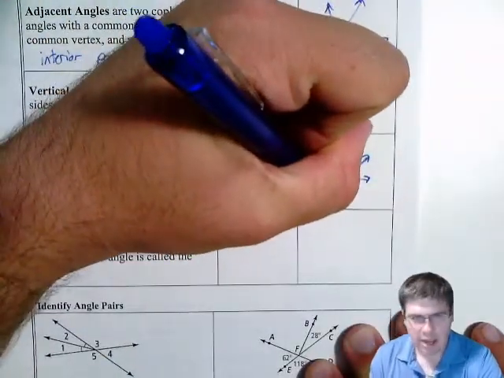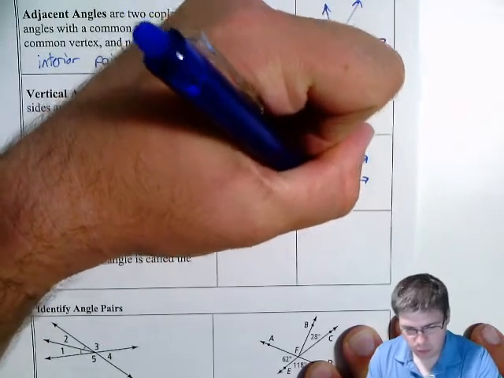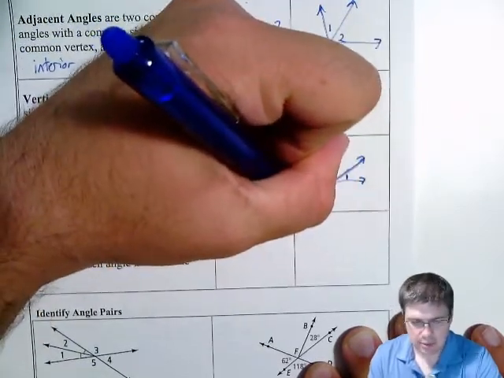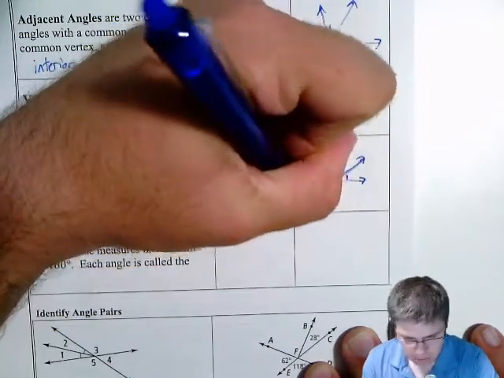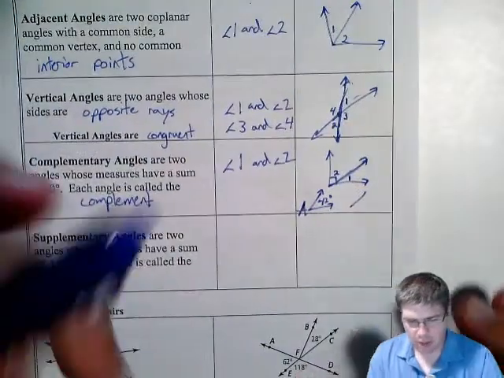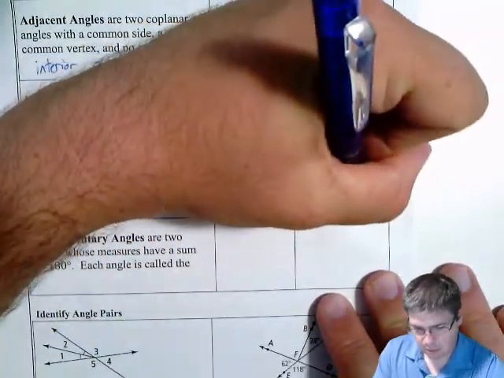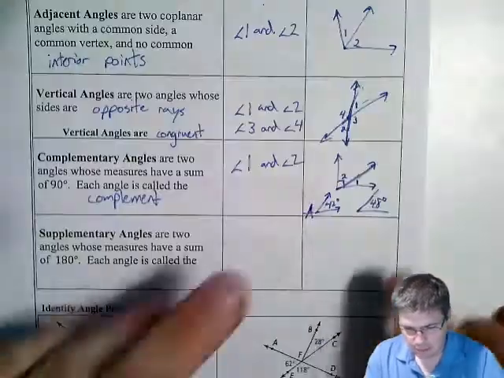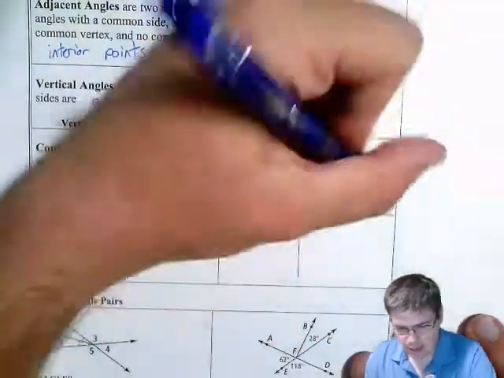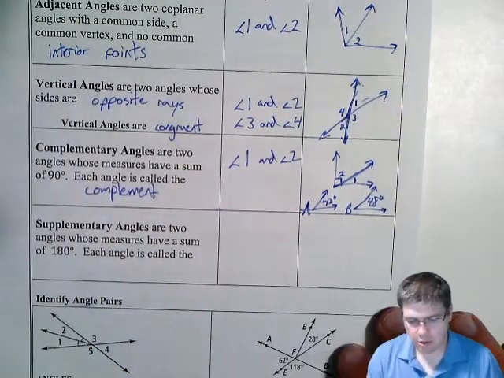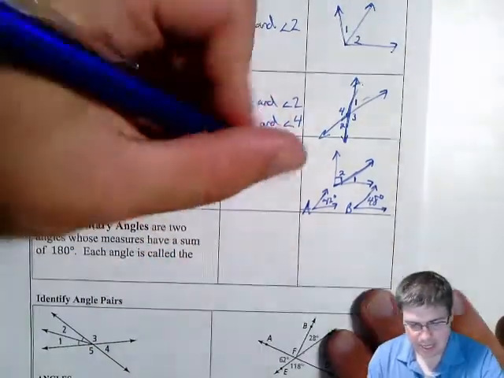If I have one angle that's, say, 42 degrees, and let's call this A, we haven't used A yet, angle A, and then if I have another angle that is a little bit bigger at 48 degrees, if I add those two up, they add to 90 degrees, and so those angles would be complementary as well. 42 plus 48 is 90.